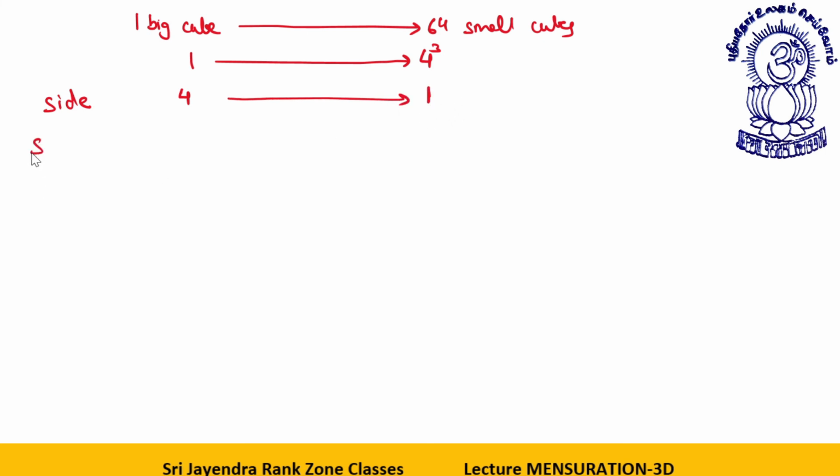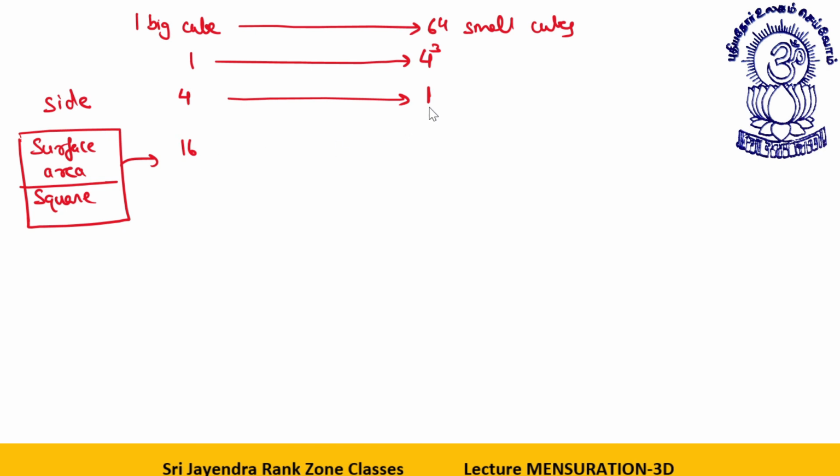Now let's talk about surface area. Surface area is actually proportional to square. So the surface area of this will be 16 and this one will be 1. Okay, this is one small cube, 16 and 1.